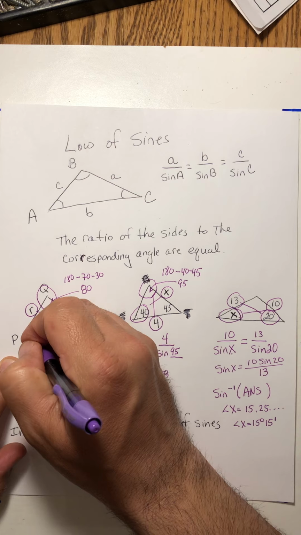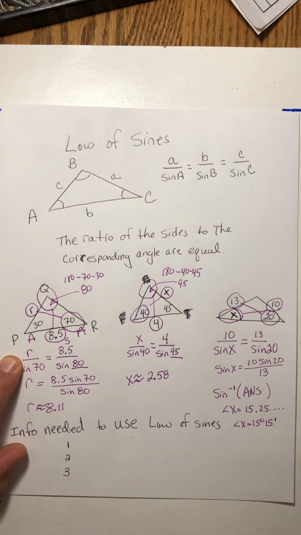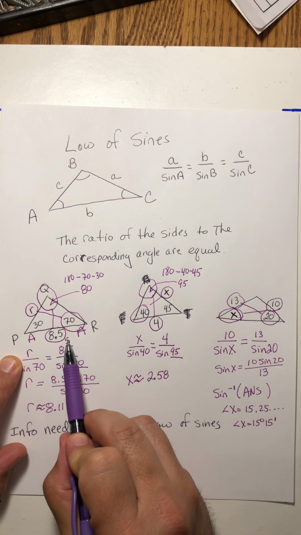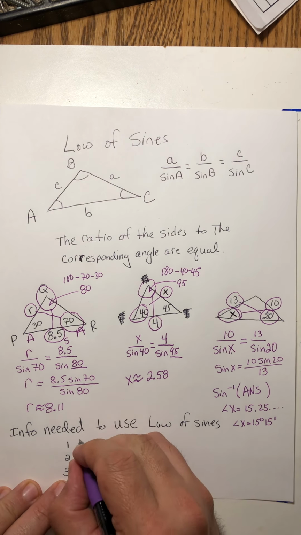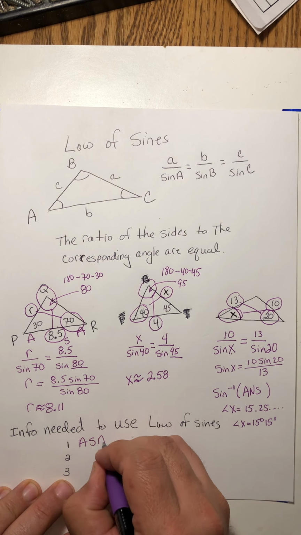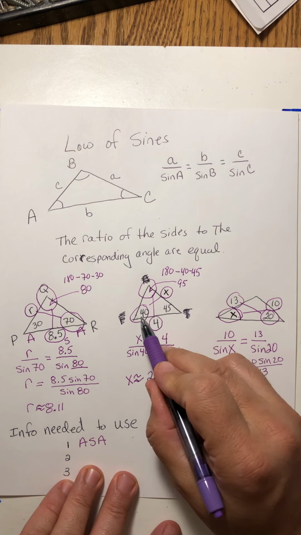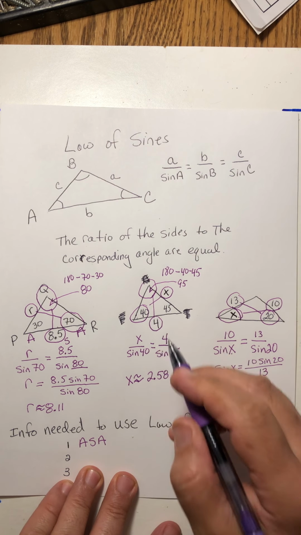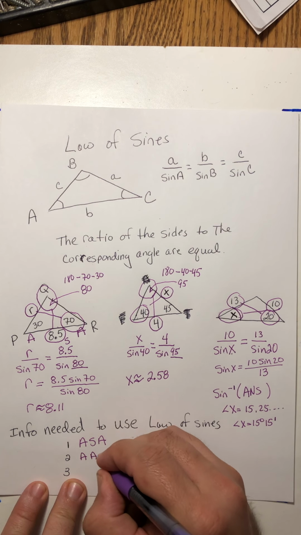This is a side and that's an angle. So we're looking at angle, side, angle. So info that we need is angle, side, angle. Well, this one unfortunately is another angle, side, angle. I'm going to write down over here, the other piece that we could use is angle, angle, side.